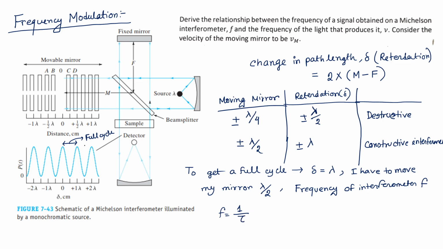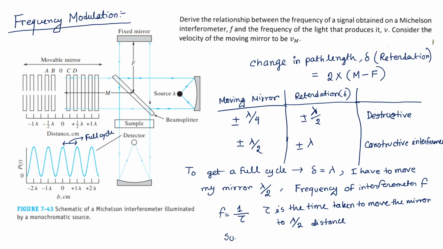Tau is the time taken to move the mirror to lambda by 2 distance, right?